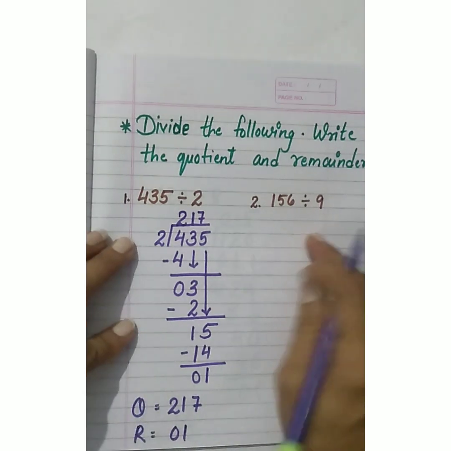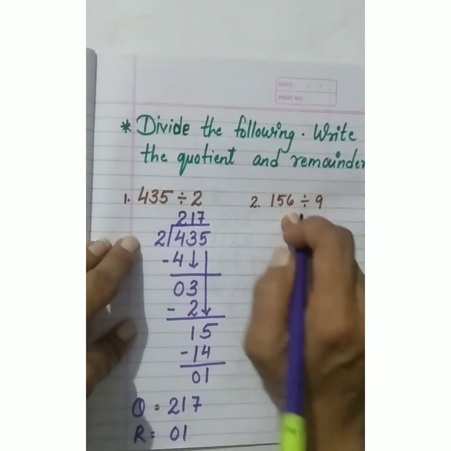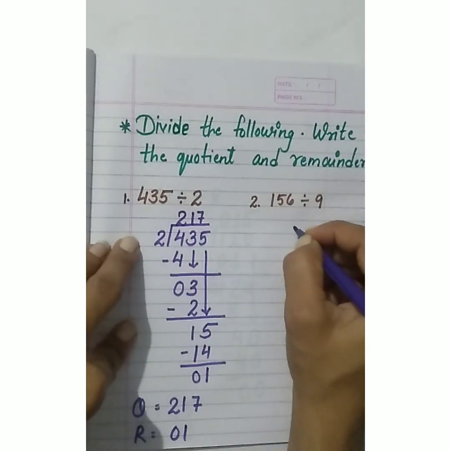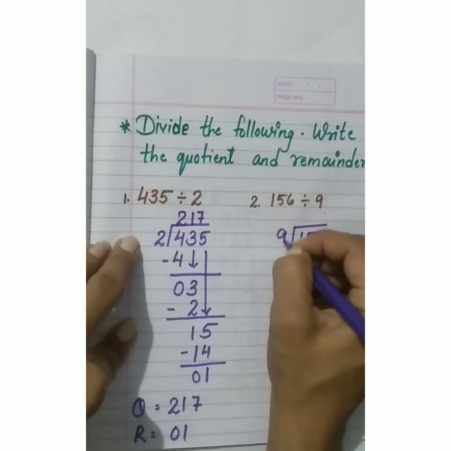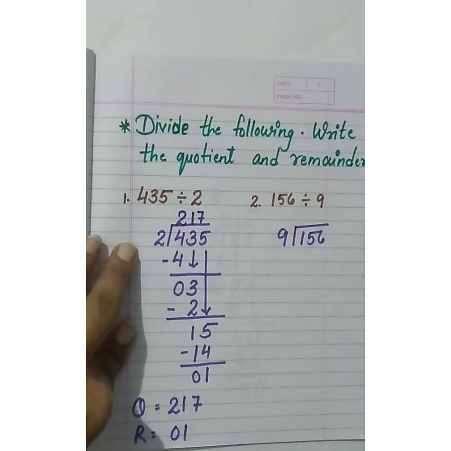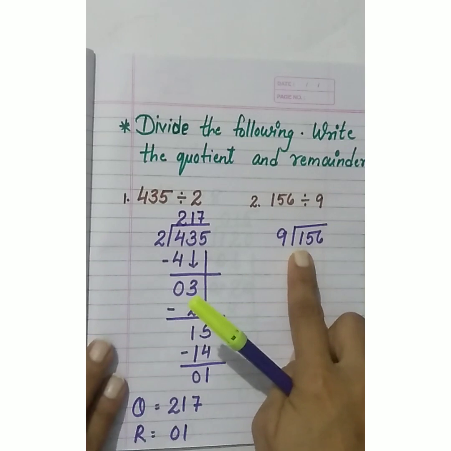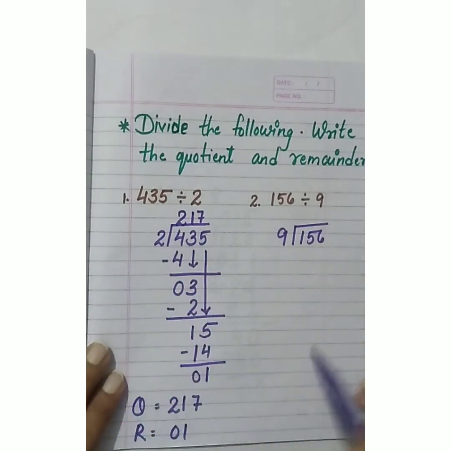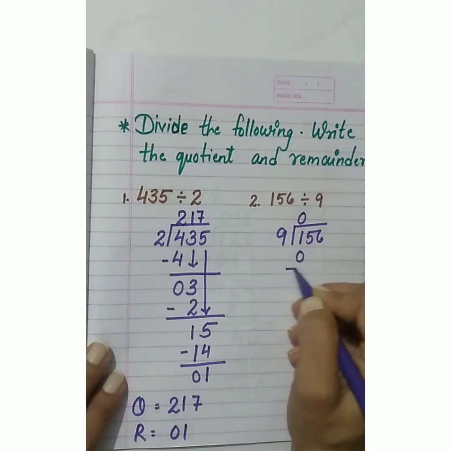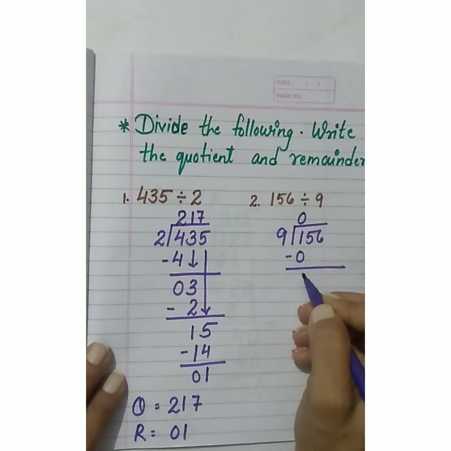Now let's do this one. 156 divided by 9. So here first we will check the number which is at the place of 100. It is 1 which is less than 9. So we cannot divide it. So 9 zeros are 0. So 1 minus 0, 1.